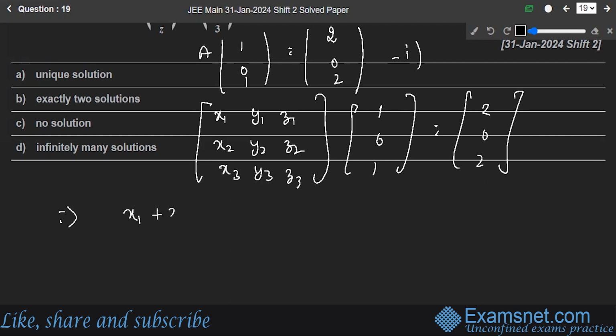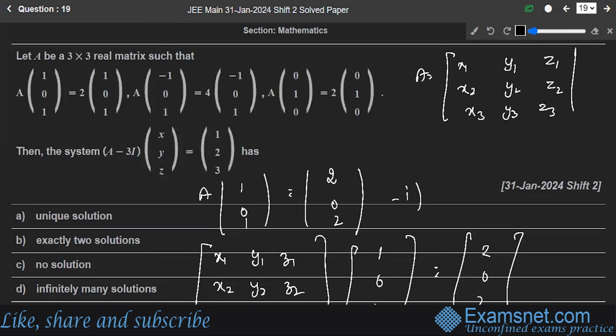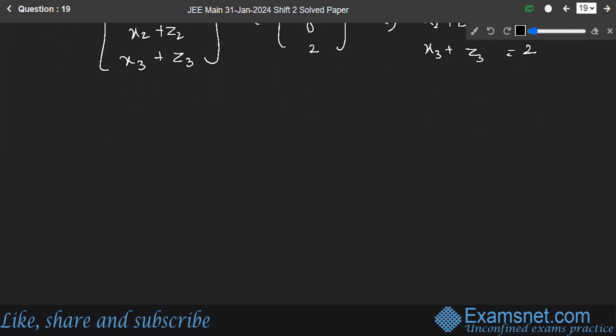This will give me x1 plus z1, x2 plus z2, x3 plus z3, which is equal to 2, 0, 2. This gives me x1 plus z1 is equal to 2, this is 0 and this is 2 again. Similarly, you will solve the rest of the equations for this one.